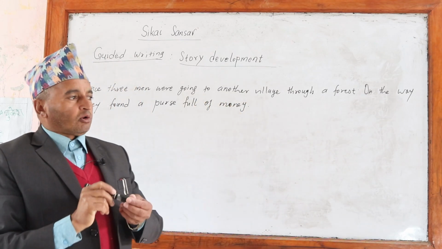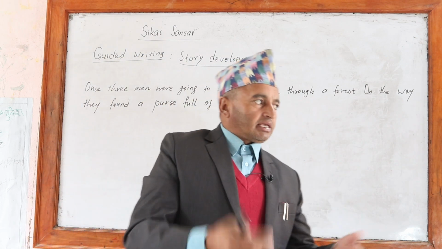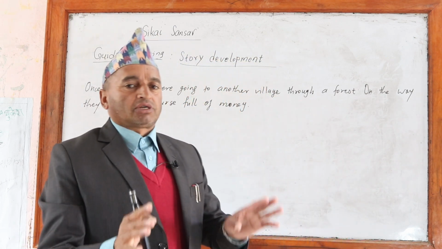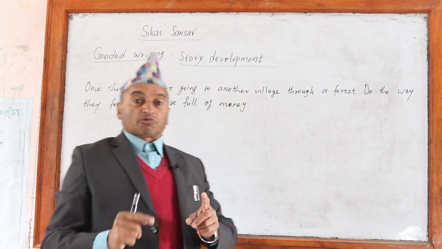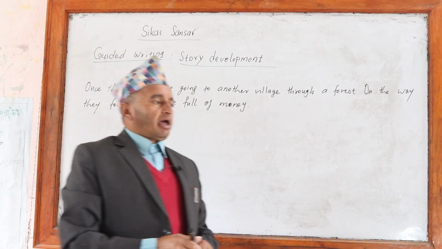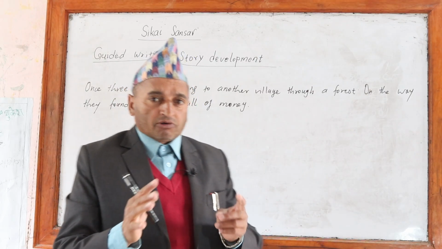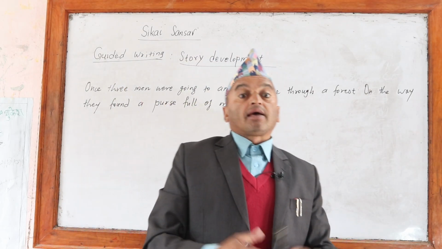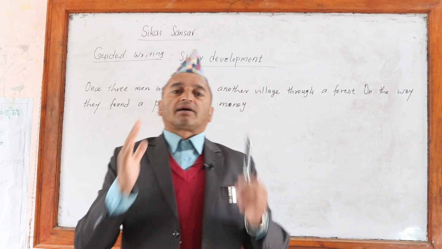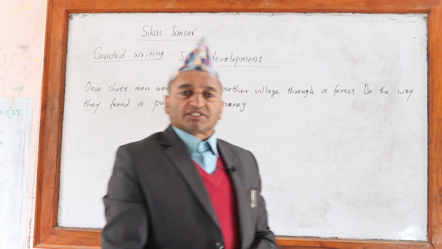While they were going to another village, to another market through the forest, on the way they found a purse, and the purse was full of money. And the hint says, agree to divide. What happened? When they found the purse together on the way, they discussed what to do with this money, and then they agreed to divide that sum of money.